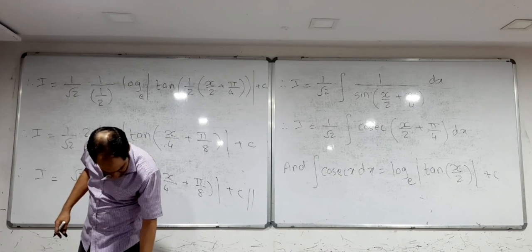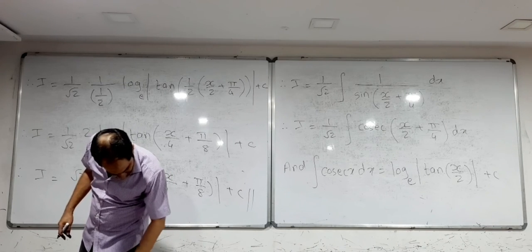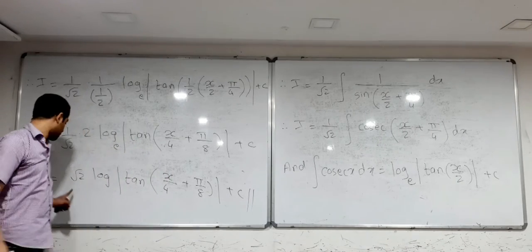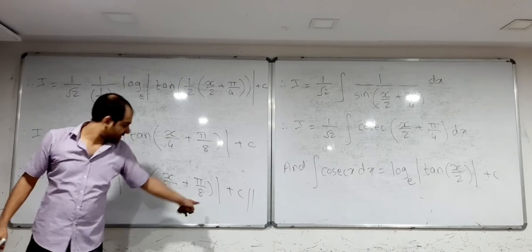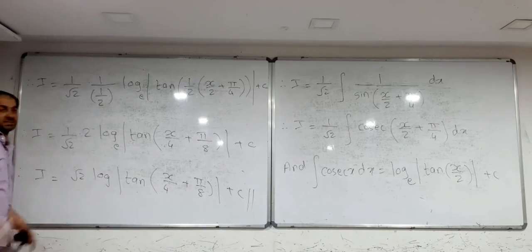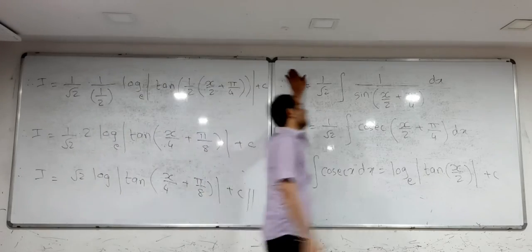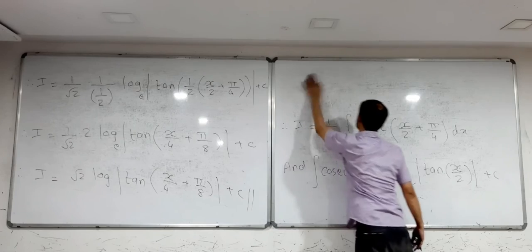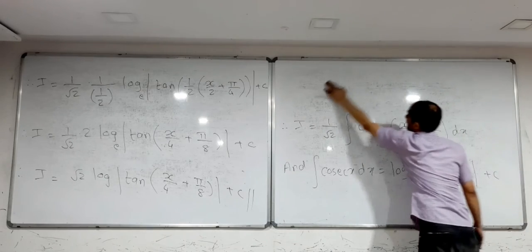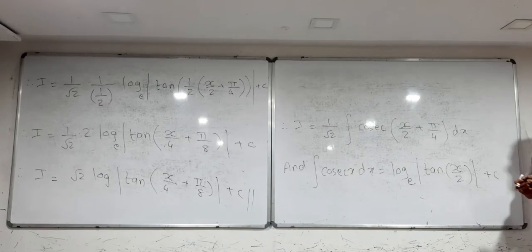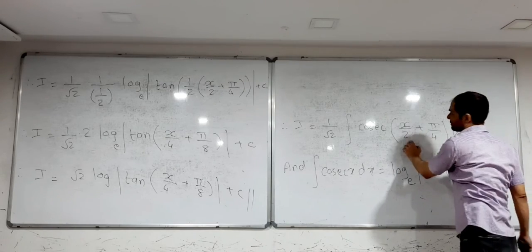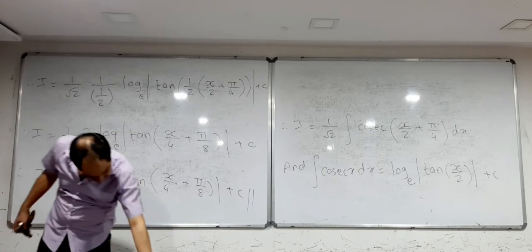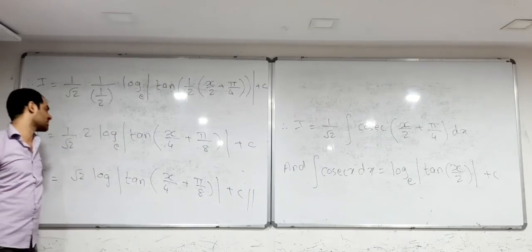So this answer is 1 by root 2 into log of mod of tan of pi by 8 plus x by 4 plus c. This question again was asked in one of the online examinations of JEE mains in 14, 15 और 16, एग्जैक्टली मुझे याद नहीं है. काफी स्टूडेंट्स x को 1/2 से डिवाइड करना भूल जाते हैं, तो मेजॉरिटी स्टूडेंट्स का आंसर गलत आता है.